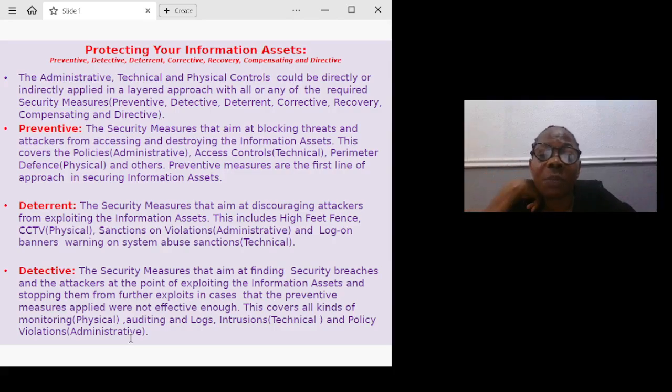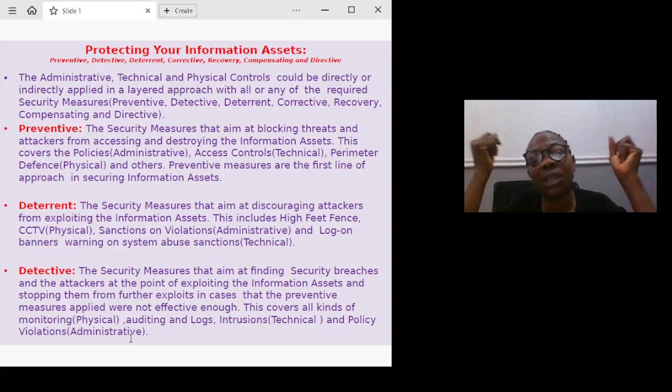And then the concept of preventive, detective. I will quickly explain this concept, and after explaining it, maybe we would end this particular session. So now, like I talked about preventive administrative control, preventive technical control, preventive physical control. All the preventive controls are the measures that you put in place.